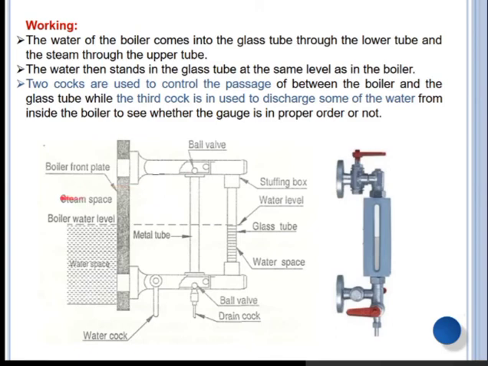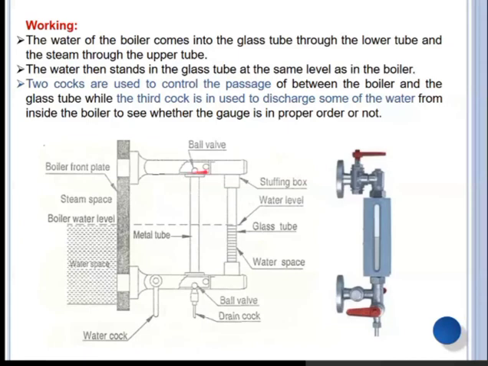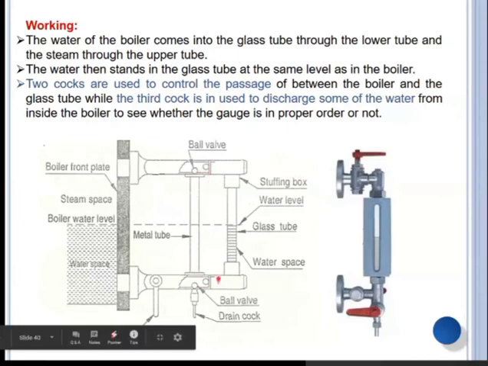So even if you don't know whether the glass tube is in proper condition or has just broken out, the steam and water cannot come outside, because when the glass tube breaks out, at that time this ball valve closes these two paths here, and water and steam cannot move from here to outside. It closes your path over here, and the water and steam come directly to this metal tube.